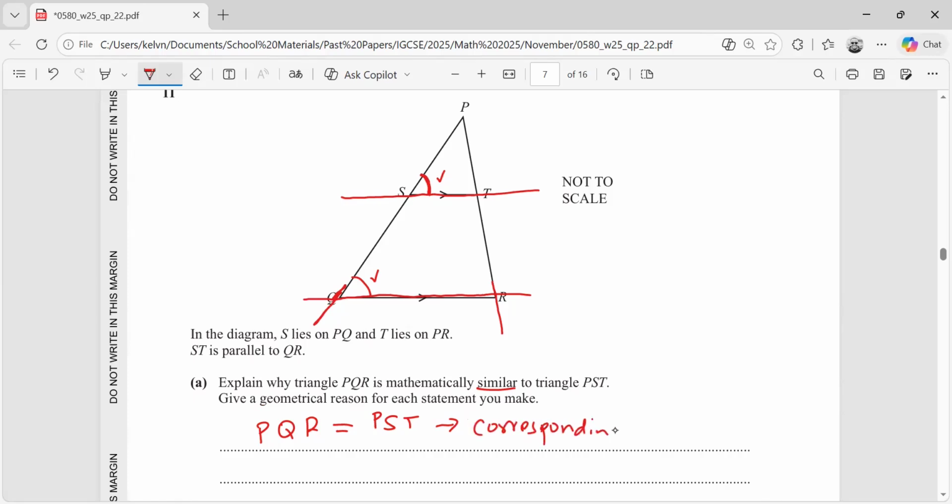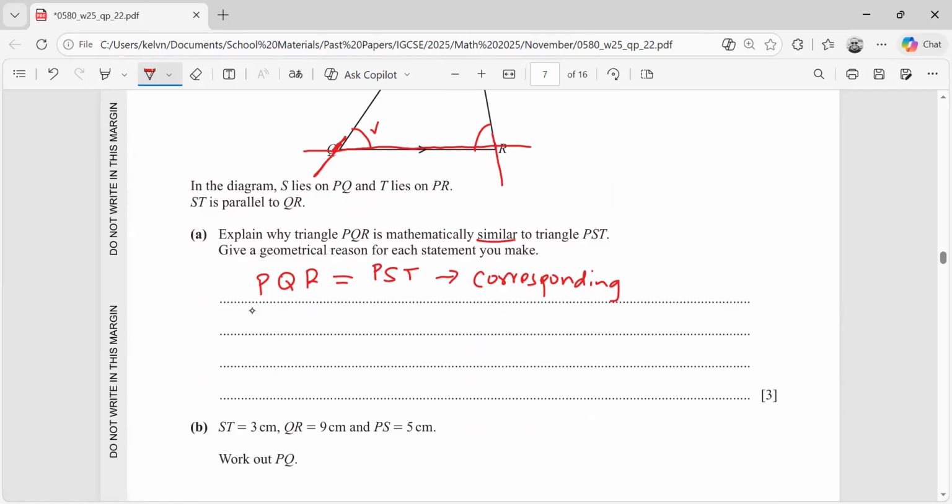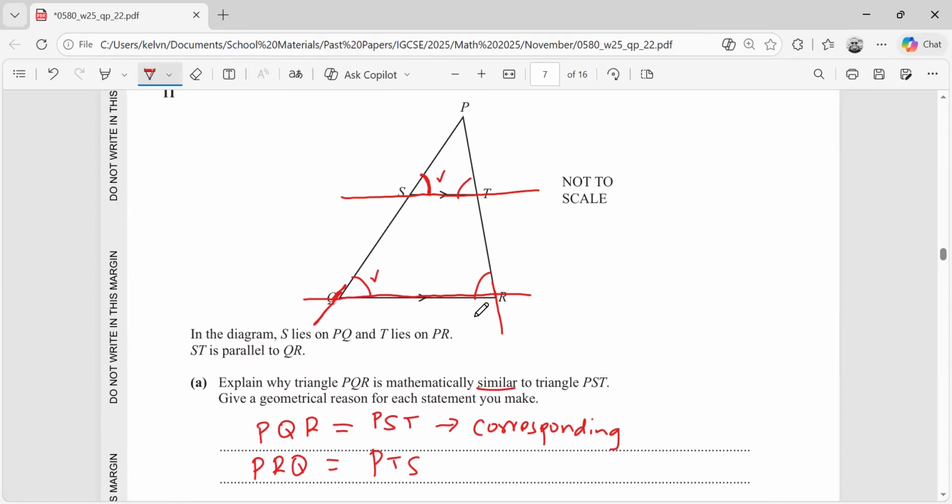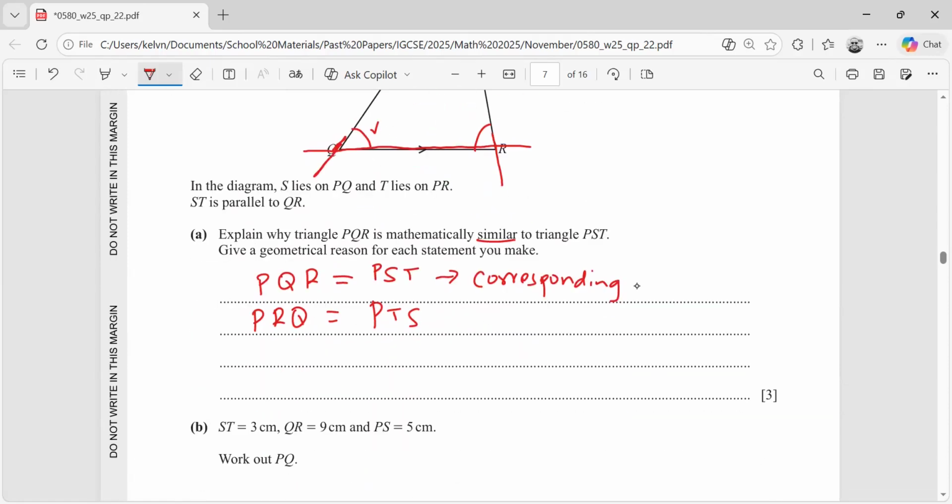Is corresponding spelled with a double R? I don't know, you'll tell me in the comments below. Based on that, you can tell this one and this one are also corresponding. So we can say angle PRQ is equal to angle PTS. Again, the reason is corresponding angles.